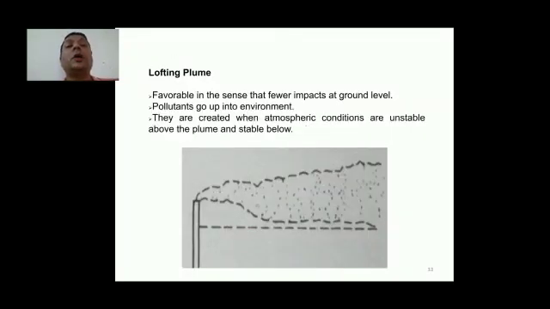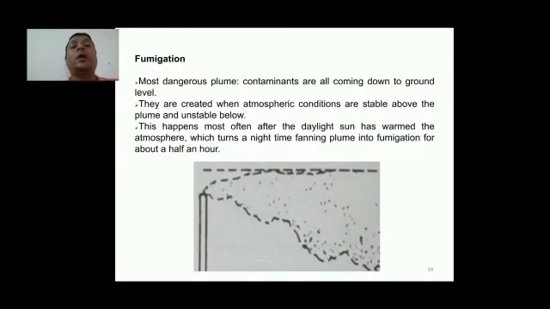Lofting plume is favorable in the sense that there is less impact at ground level. Pollutants go up into the environment. They are created when atmospheric conditions are unstable above the plume and stable below. Fumigation is the most dangerous plume. Contaminants all come down to ground level.